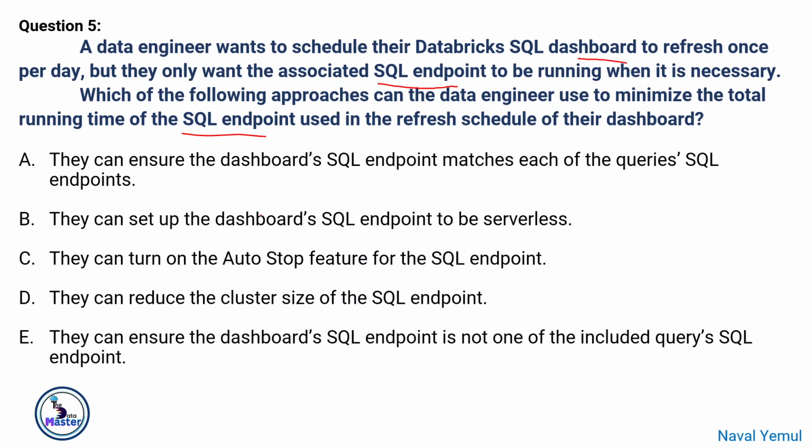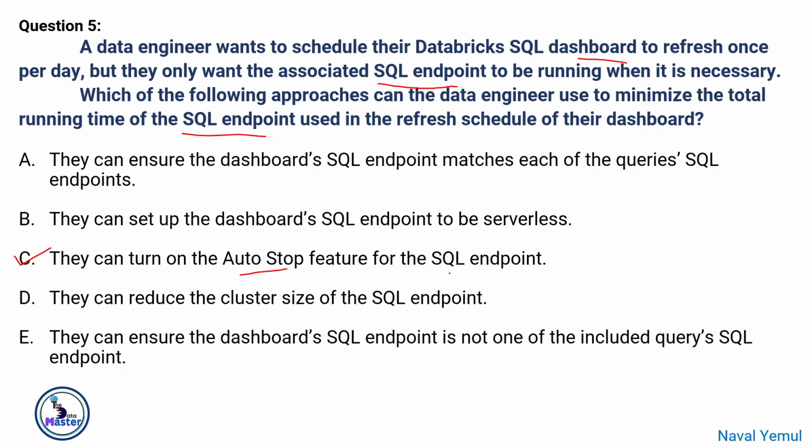Yes, so as I've told you, Databricks SQL has an auto stop feature. Once your workload is done, your SQL warehouse will automatically be terminated. So the answer is D. They can turn on the auto stop feature for the SQL endpoint, and if they want to refresh at a particular time, they can set up a refresh on the dashboard.